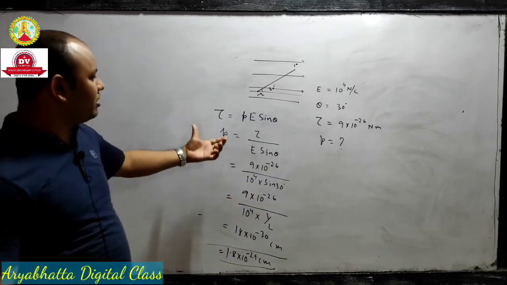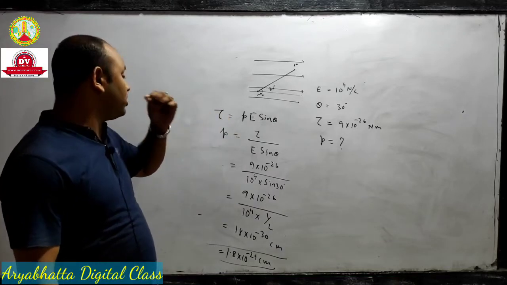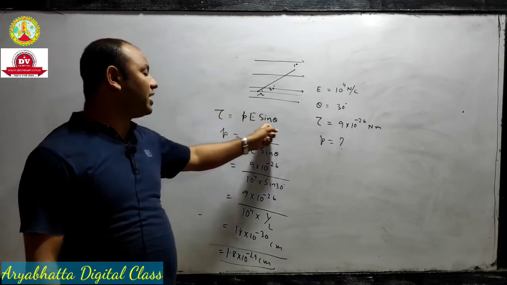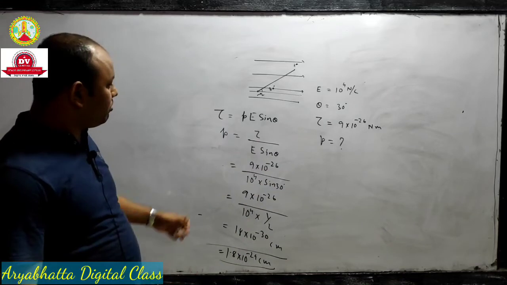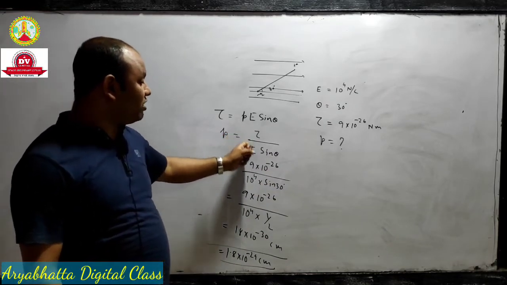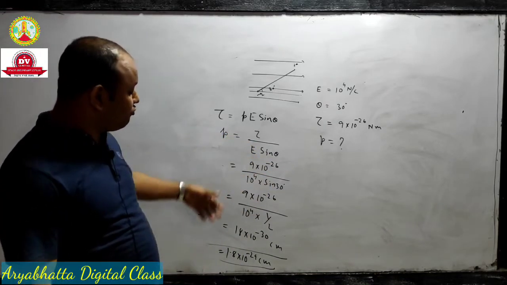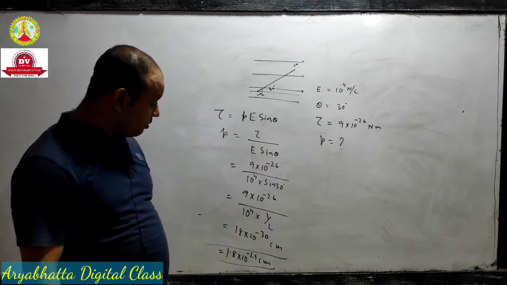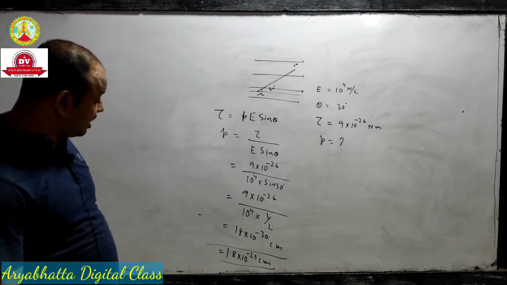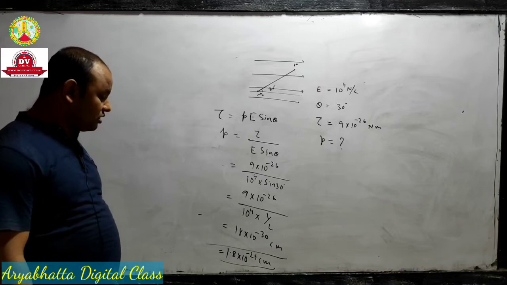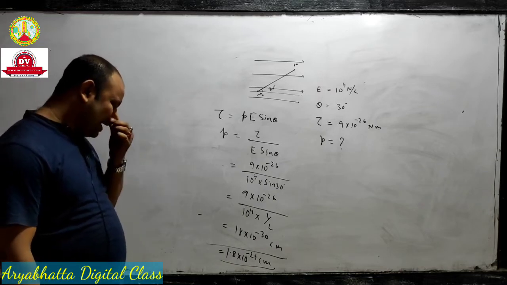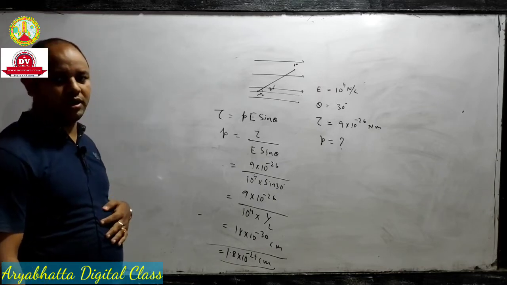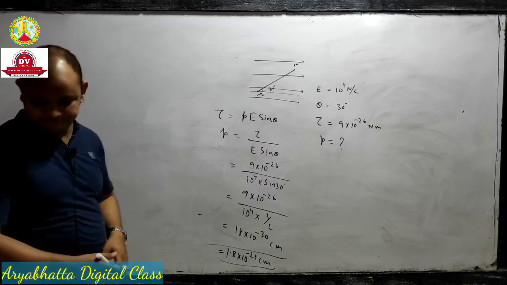The formula is tau equals P E sin theta, so P equals tau divided by E sin theta. If you solve this, you will find the dipole moment of the electric dipole is 1.8 into 10 to the power minus 29 Coulomb meter. It is very simple.